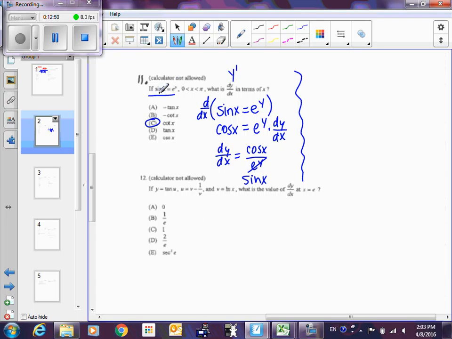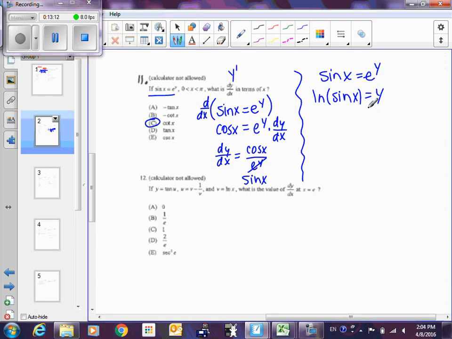So thinking back to the original problem, let me rewrite it over here, just so we can all look at it really big. Is there a way to get y by itself? You would take natural log of both sides, and we would get natural log of sine x, and natural log of e to the y would just be y.